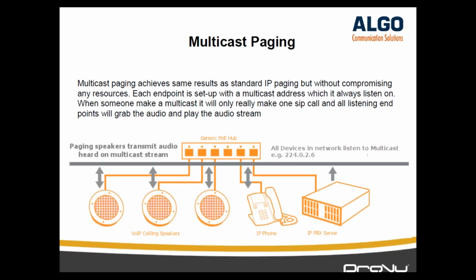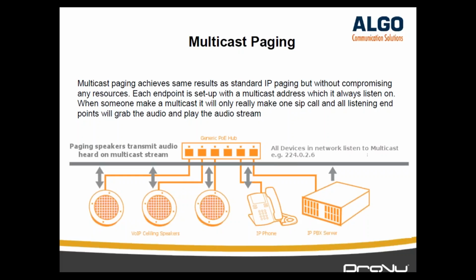You use one of those multicast addresses and make all other multicast SIP clients or compatible clients listen to that address. Whenever somebody wants to make a page, all they do is page to that multicast IP address, which is the gray line you can see. In our case, it's 224.0.2.6, and all the listening devices just grab the audio and play it out from the speaker.